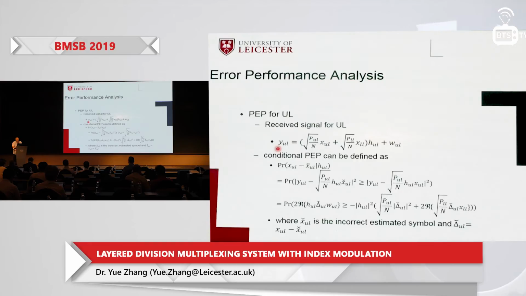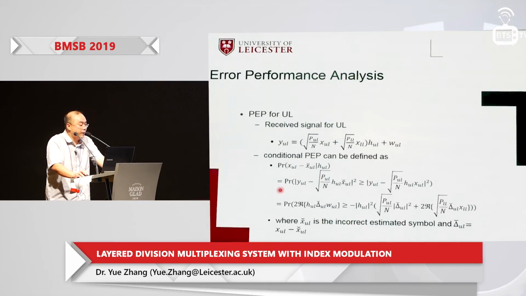This is equivalent to your upper layer, because your upper layer is your overall received signal, which includes the upper layer signal itself and also the lower layer interference. So we can consider the conditional symbol error performance, as a conditional probability of X_UL and the estimated X_UL under the channel H_UL condition.